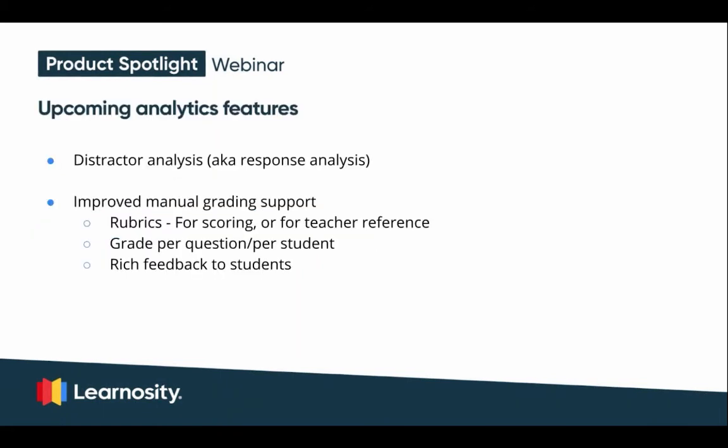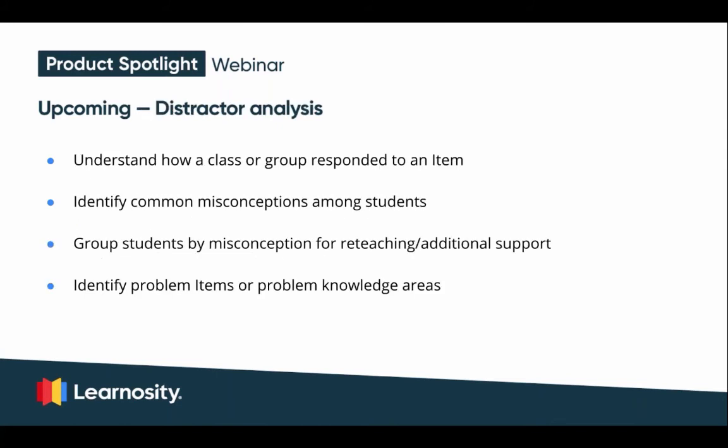So we'll be looking at just two areas today, distractor analysis, otherwise known as response analysis, and improved manual grading support. And these are just two areas that we've heard a lot of feedback about, had a lot of feature requests about, and we're just starting the journey on understanding what these really are and how we can make a difference in these areas. So let's start with distractor analysis.